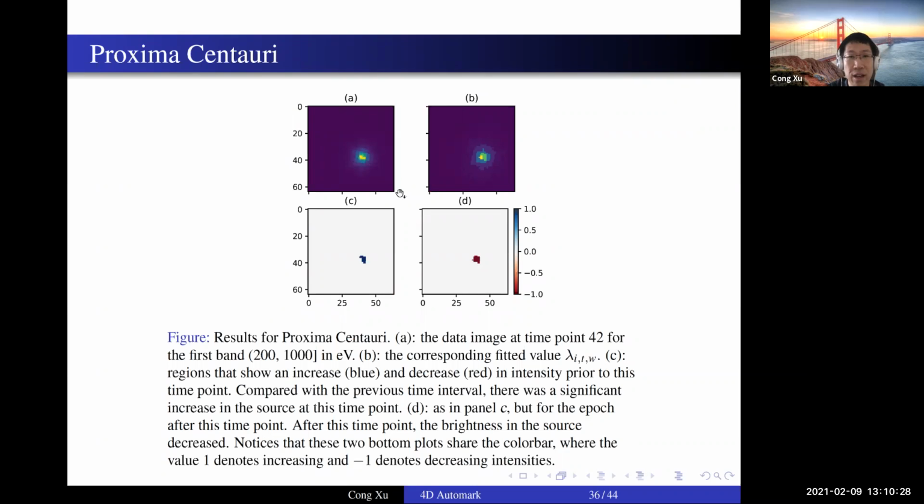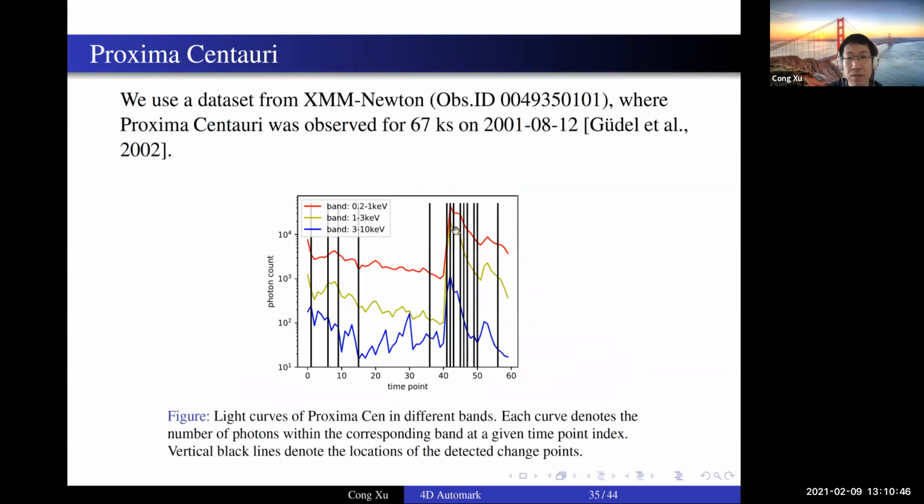For part B, this is the corresponding fitted lambdas. We fit this with a piecewise constant function like that. For part C, from the previous light curve, we can see that there is an abrupt change at this time point, and after it, an abrupt decrease.